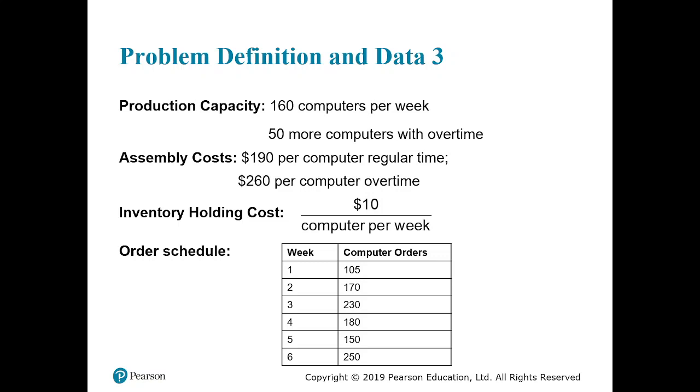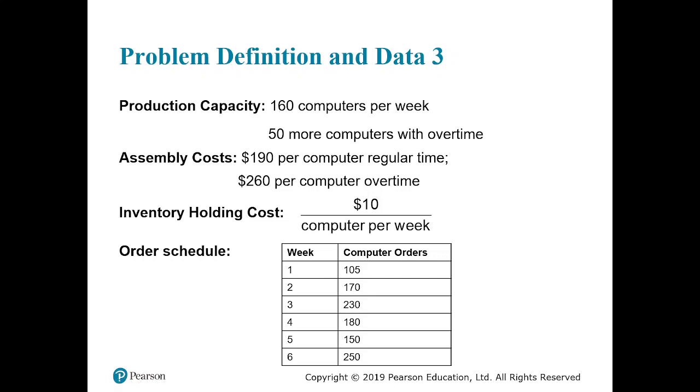Now let's look at this. This is the order schedule that I have received. So they make an order schedule for the next 6 weeks. So in the first week, they would estimate that there will be 105 orders for computers. And then in the second week, okay, now let's look at this one by one. So during the first week, the order is 105.